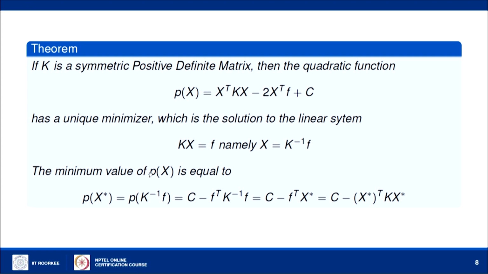The minimum value of P(x) is given by any one of these forms. So, P(x star) equals P of K inverse f, which is c minus f transpose K inverse f. So, this K inverse f I can replace with x star, which is the solution of this system. So, c minus f transpose x star, or this I can also write as c minus x star transpose K x star. So, let us see the proof of this.